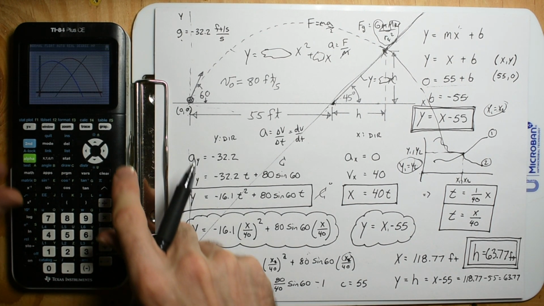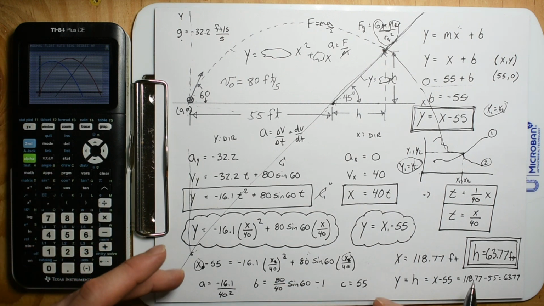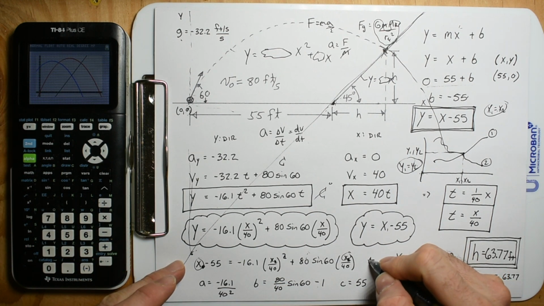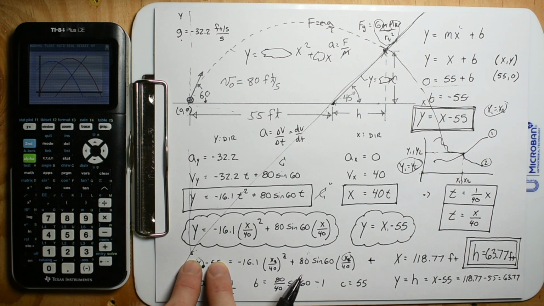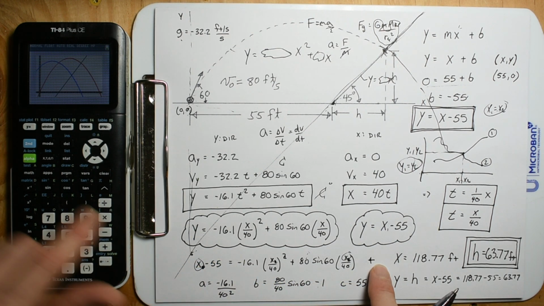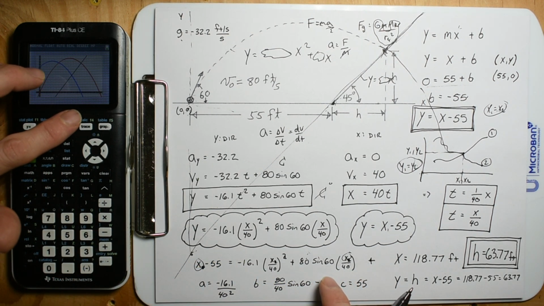All right, hell yeah. So now we have this equation graphed. To graph this equation, I just took this over here, and I get this blue line.